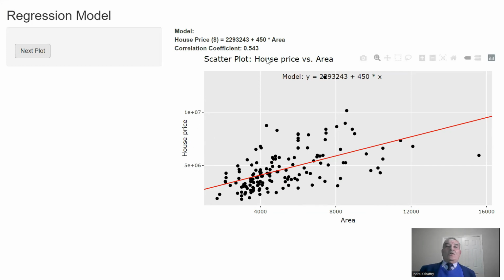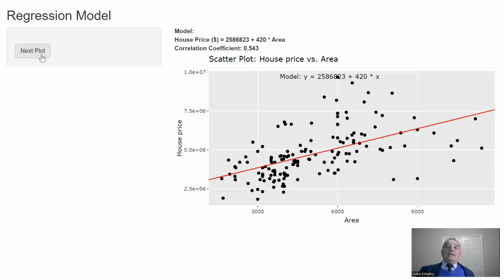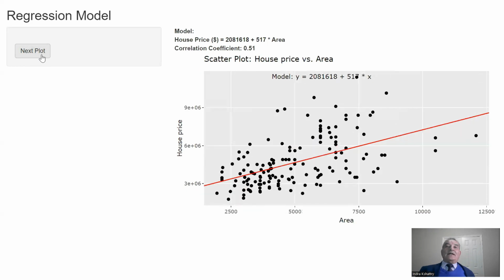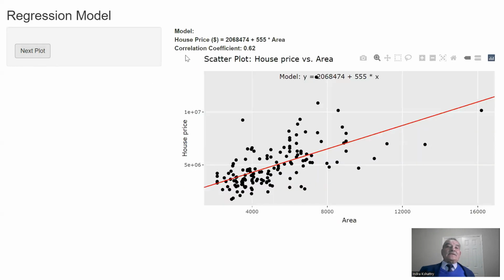The model here looks like a linear equation in slope-intercept form, y equals a plus bx, where a is the intercept and b is the slope. In a similar fashion, here we write our model as price equals intercept plus slope times area, where this is the intercept and this is the slope.